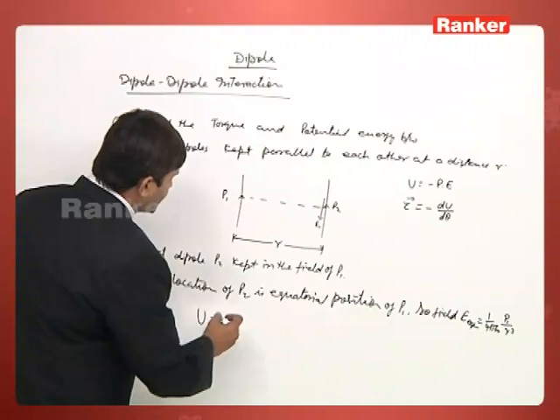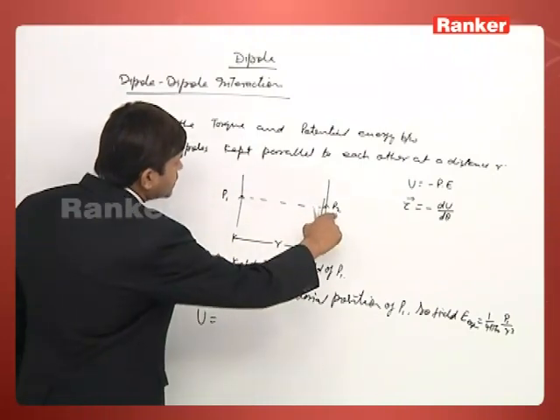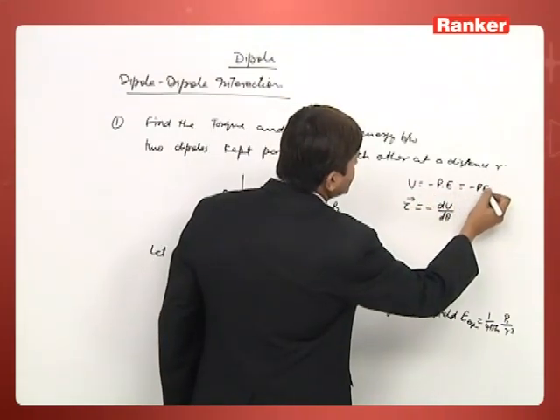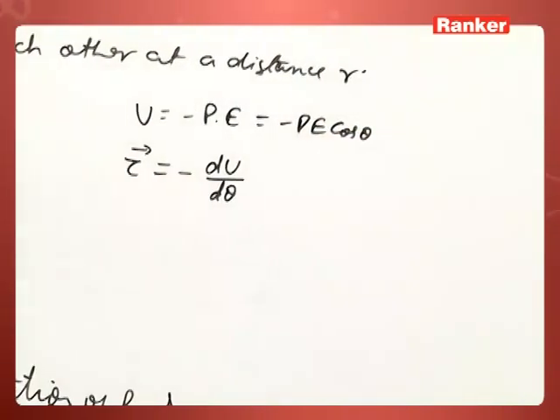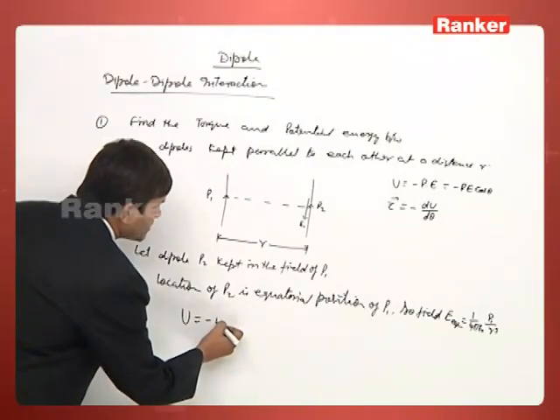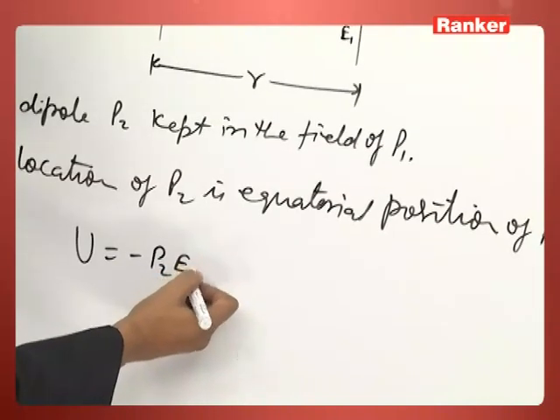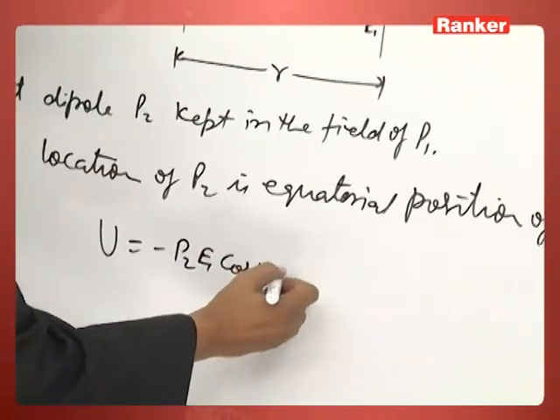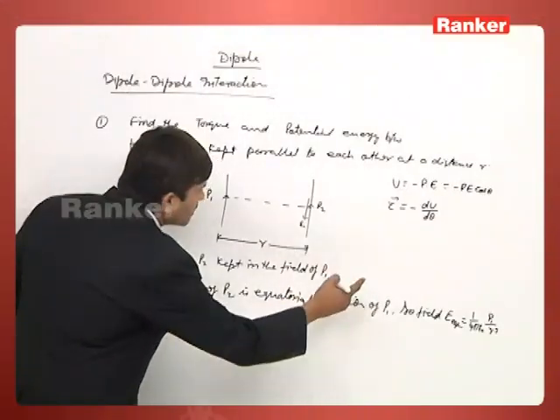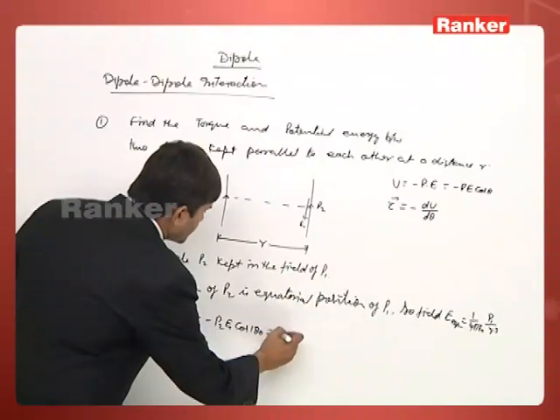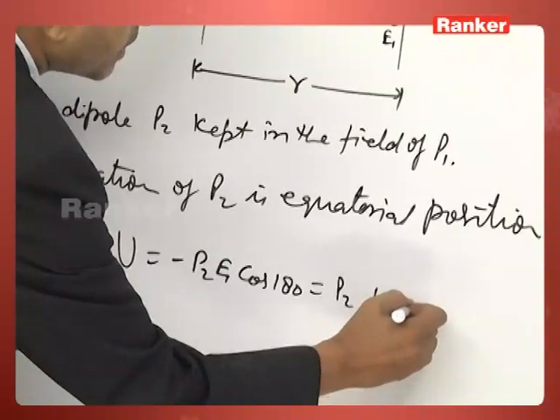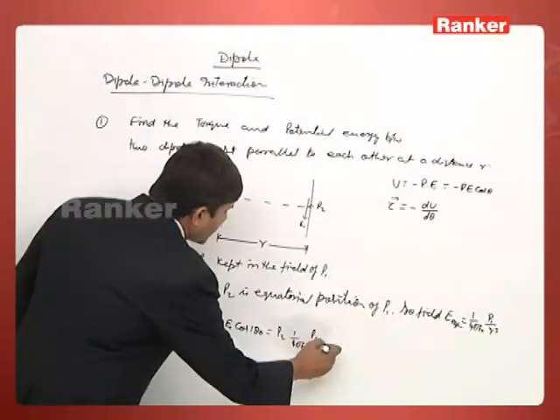So for the potential energy, the angle between P2 and E1 is 180 degrees. So from minus PE cos theta, theta is 180, so minus P2 E1 cos 180 degrees, where P2 is the dipole moment and E1 is 1 by 4 pi epsilon naught P1 by r cube.